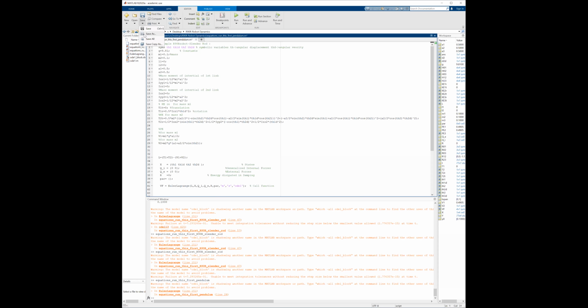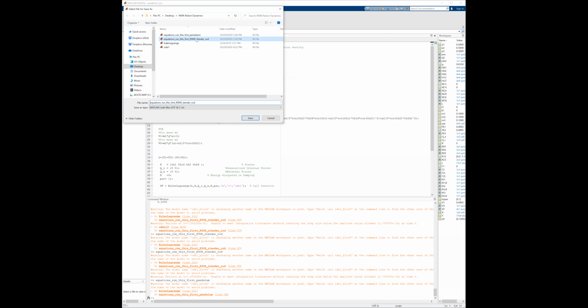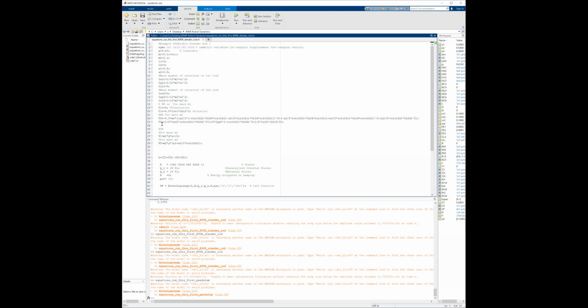And I will save it as 90R slender rod. So this is the slender rod example.